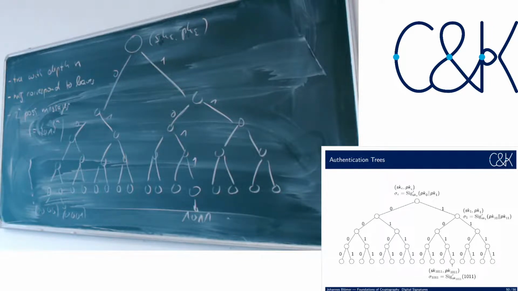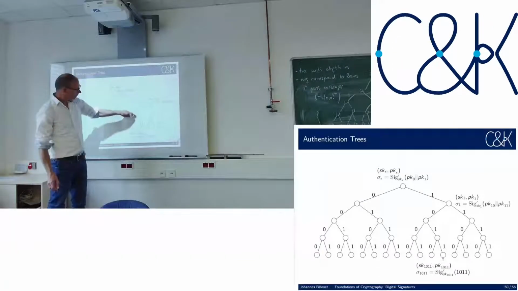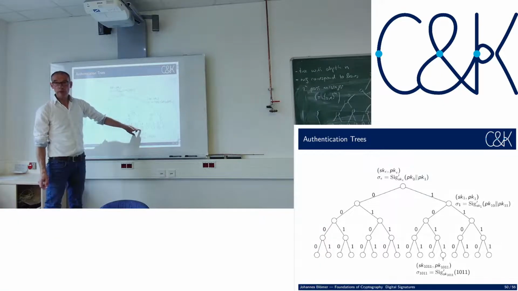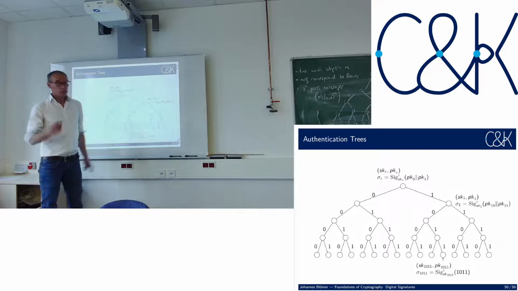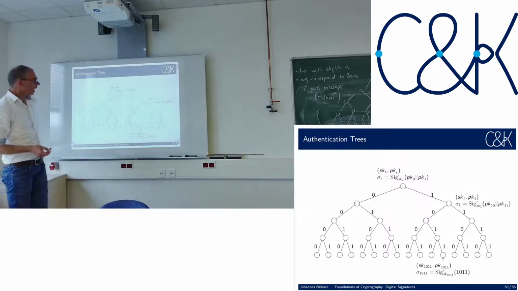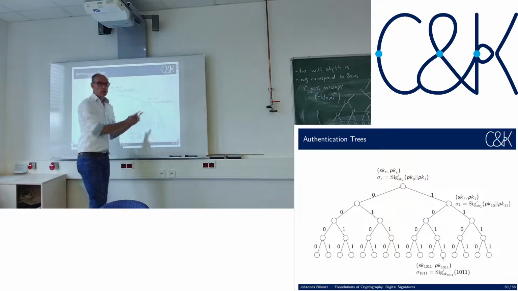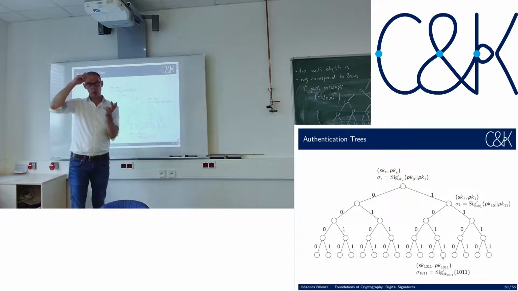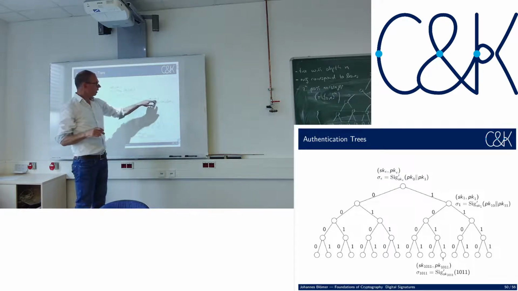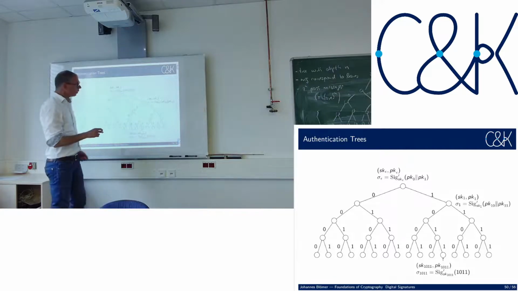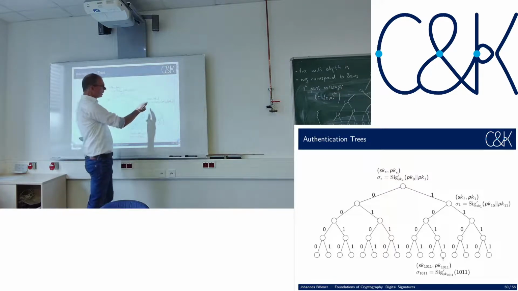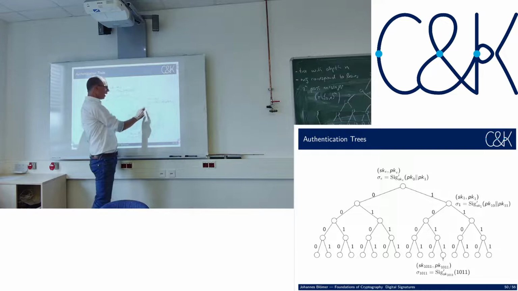What we do now is we go down the path to this leaf. And now we check each interior node. Each interior node will have a secret-public key pair and a signature. It will contain SK1, PK1, and so on.